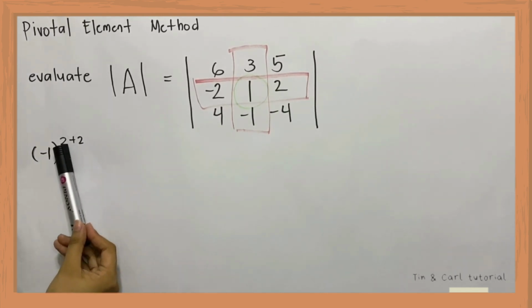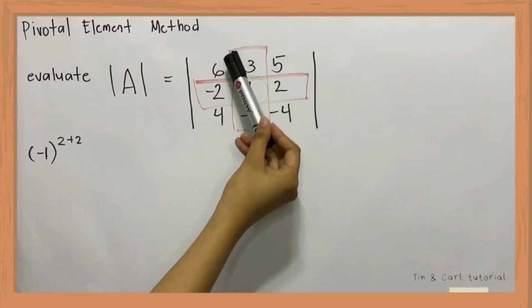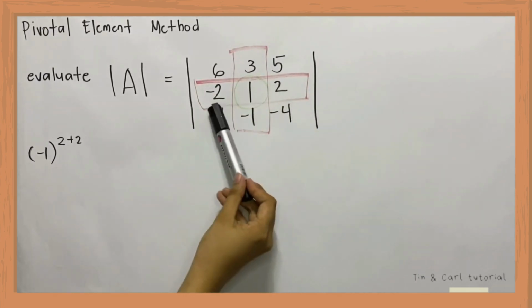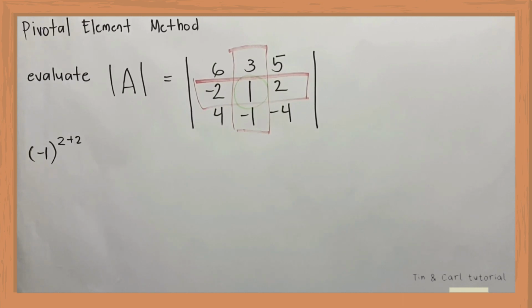Yung ating pivotal element ay located sa second row plus second column. Makita natin dito 2, meaning second column, plus 2, meaning nasa second row siya. Then, for the solution, we could come down from a 3x3 matrix to a 2x2 matrix.